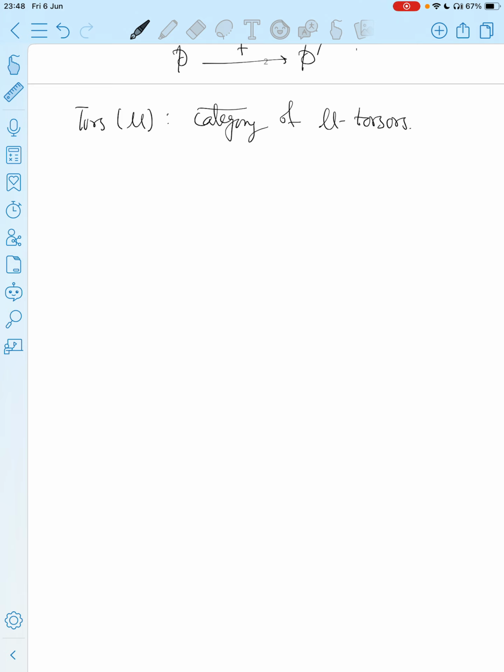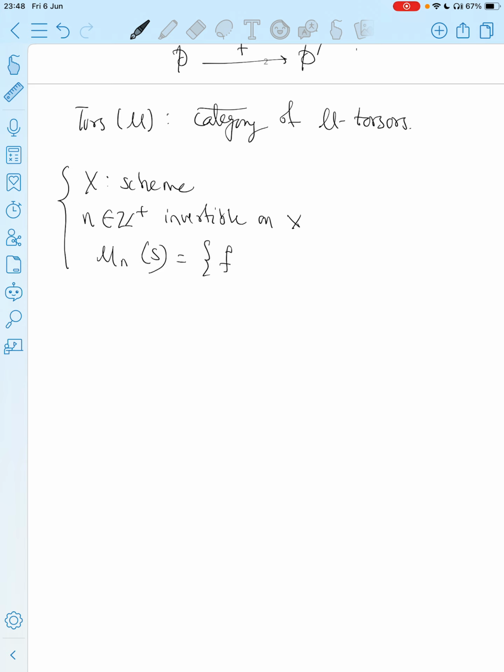So what do I mean by mu? Let's set up the base thing. X will be my scheme, and n is a positive integer, invertible on X. Then mu n basically assigns to a scheme S all the regular functions that satisfy the equation f to the n equals 1.